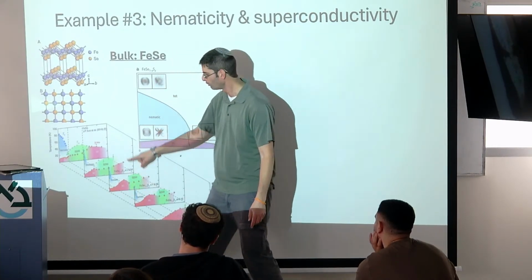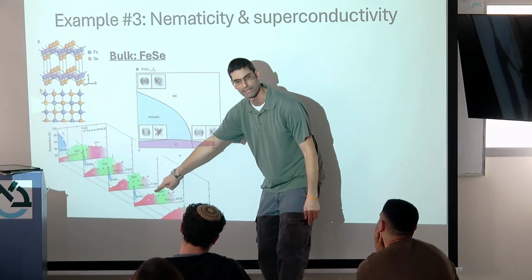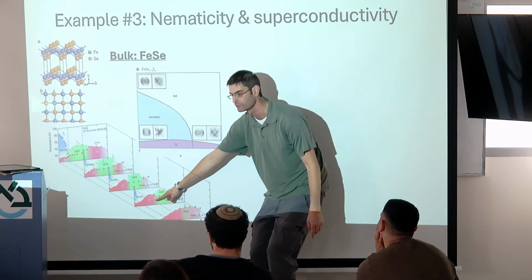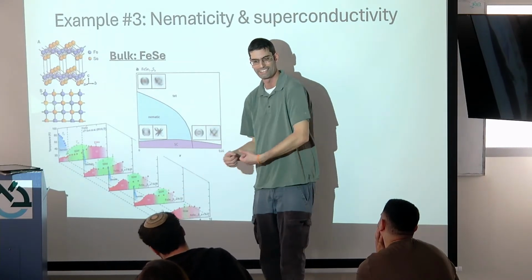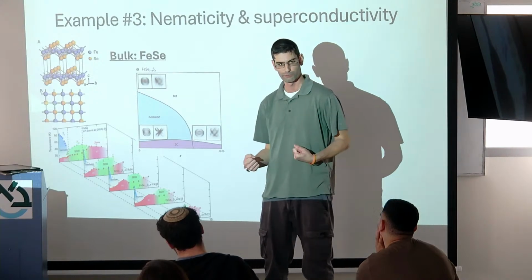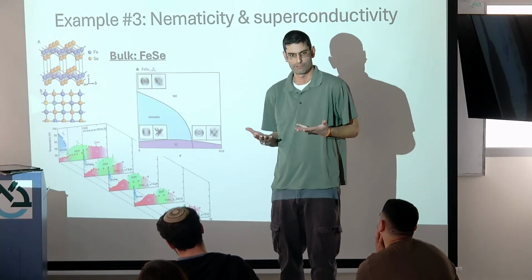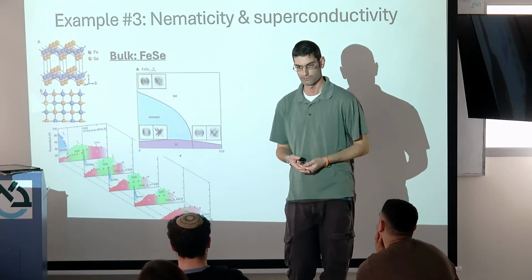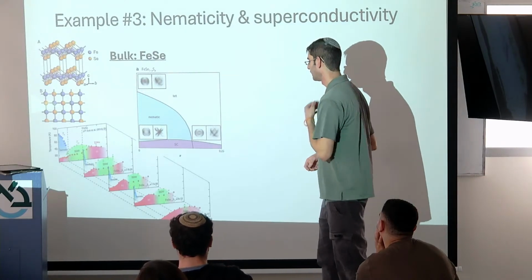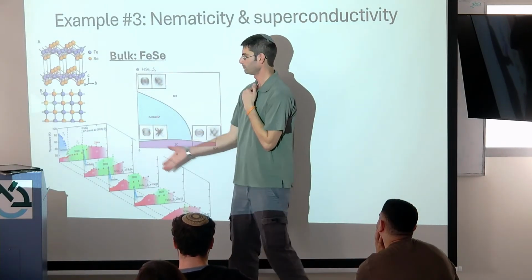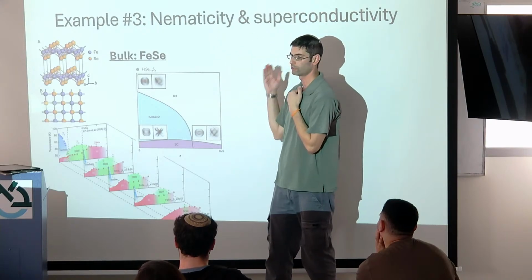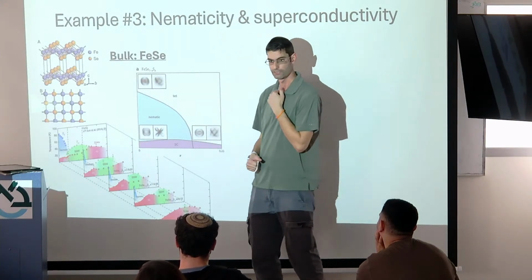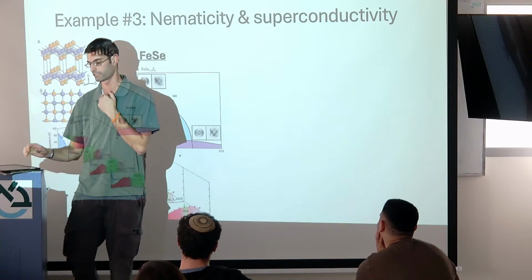You can control how much of the area is nematic, and you also see that superconductivity just jumps up. So as you kill the nematic order with the pressure, you enhance the fluctuations and you create additional superconductivity. Okay? So again, beautiful example of how a nematic order is controlled somehow by strain and also superconductivity.